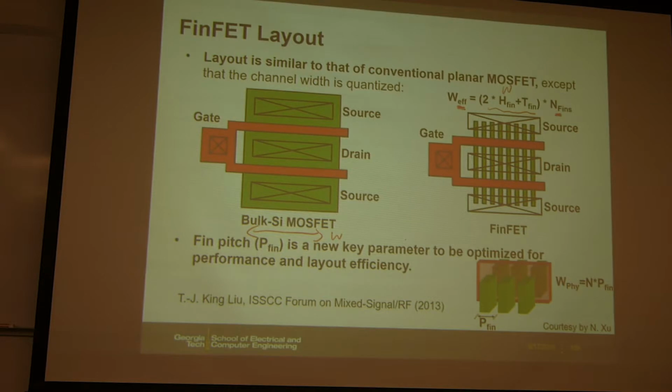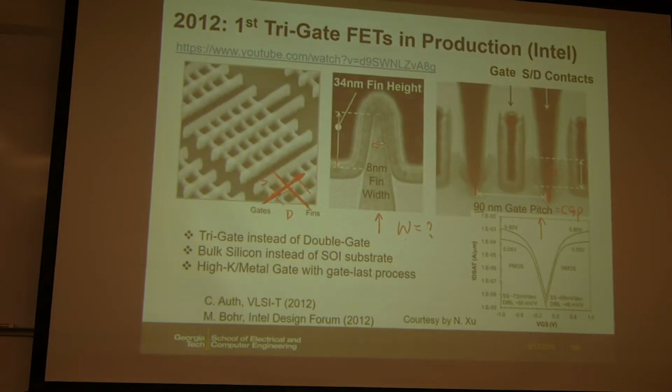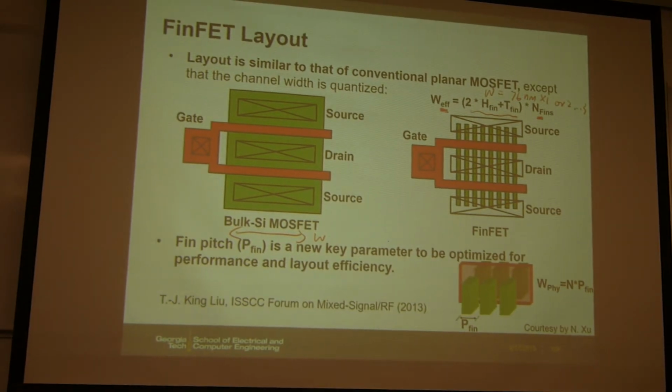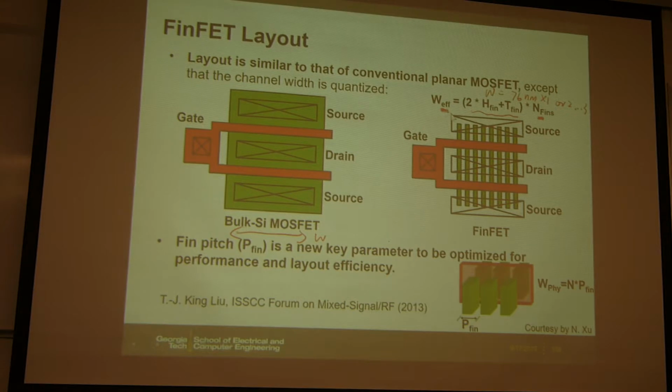So for example, in Intel's case, the W here, 2 times 34 plus 8 is 76, right? So that means this W can only be 76 nanometer times 1 or 2 or 3. You cannot have any other values in the circuit. So that will cause some limitations in the design. So this is the electrical W.